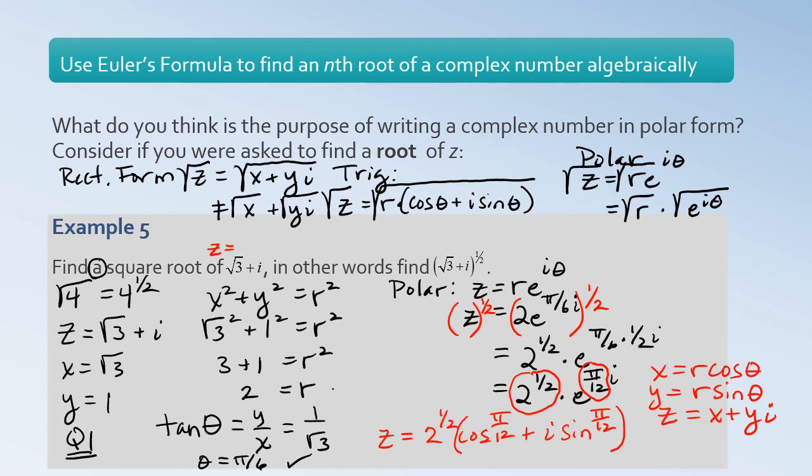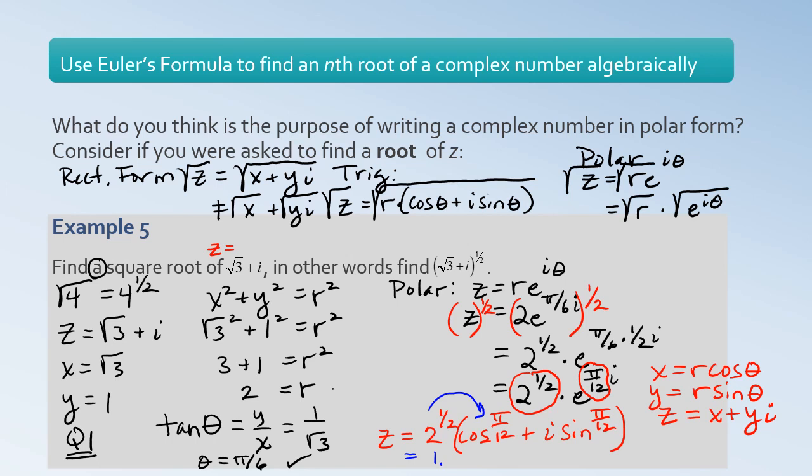Now before I go any further, I think what I'll do is I'll grab my calculator and I'll actually try and compute what is 2 to the 1/2 power times the cosine of pi over 12. That is my x value. And a decimal approximation is okay here.